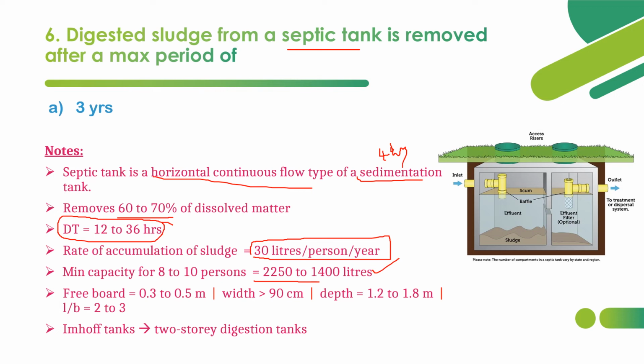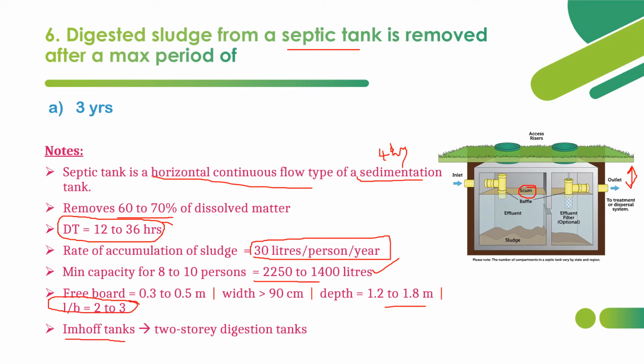And freeboard is given to accommodate the scum storage and also the gases of decomposition due to anaerobic decomposition happening inside the septic tank. So freeboard shall be 0.3 to 0.5 meter and width of a septic tank shall be greater than 90 centimeter and depth shall be 1.2 to 1.8 meter. So these are some criteria while designing septic tank, and L by B ratio shall be 2 to 3.